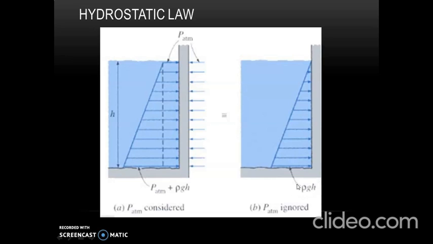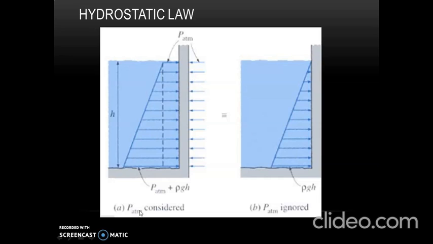So P is written as rho GH because W is equal to rho into G. So P is equal to W into H, which will be equal to rho GH. And here it is mentioned that atmospheric pressure is ignored. So on top we will assume that there is no atmospheric pressure acting on the surface of the liquid. So to begin with, we will start with H equal to 0 so that P is equal to 0.